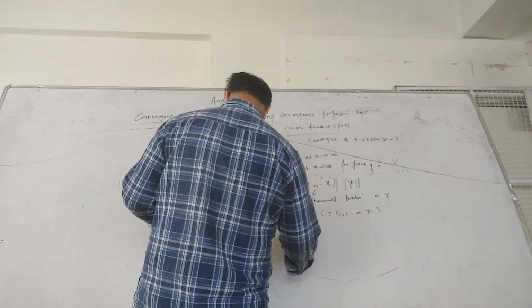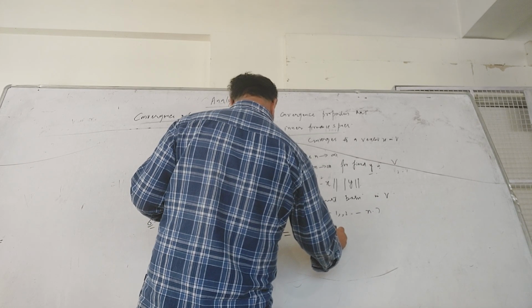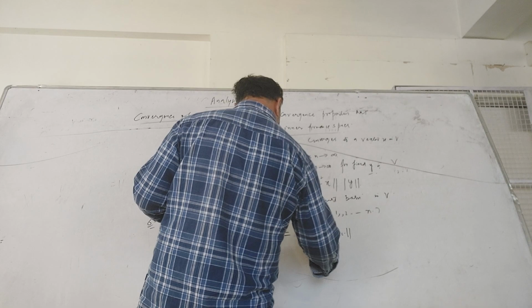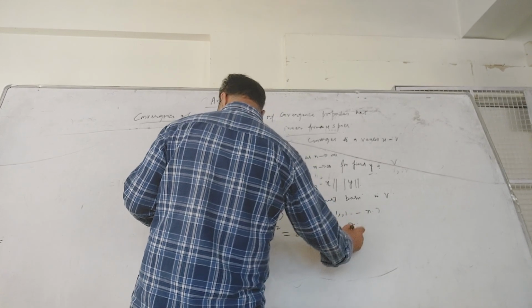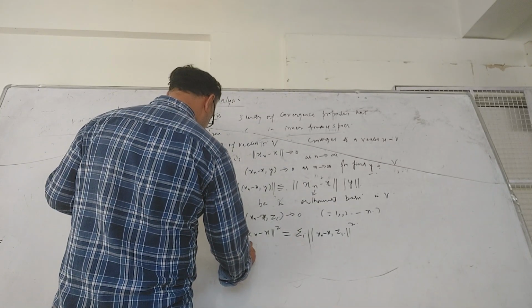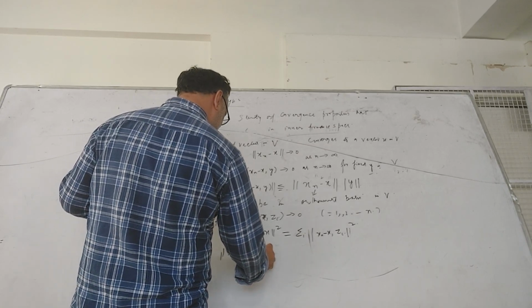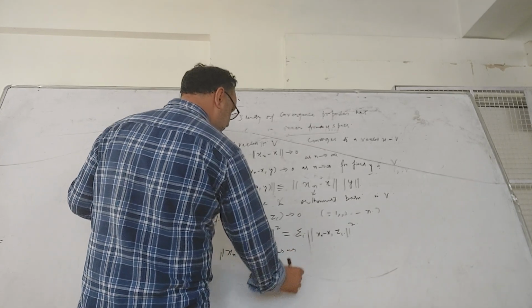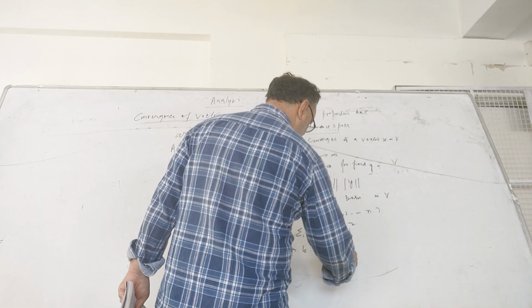From that, the logic is that the norm squared of xn minus x is equal to the sum of |(xn minus x, zi)| squared. So it follows that the norm of xn minus x tends to 0, as was to be proved.